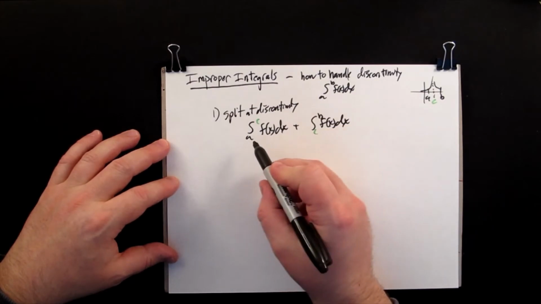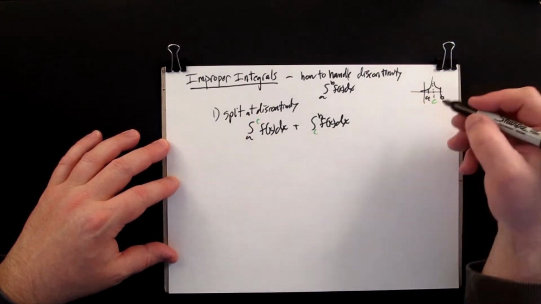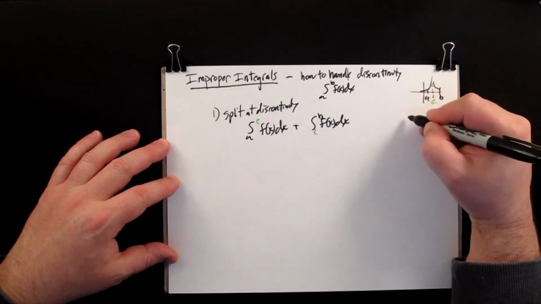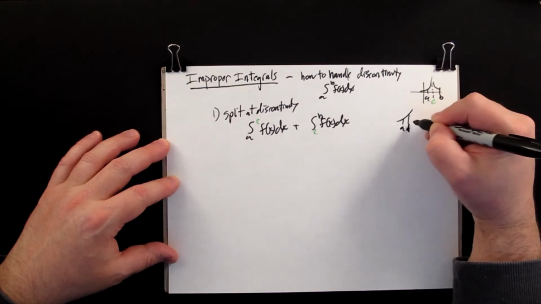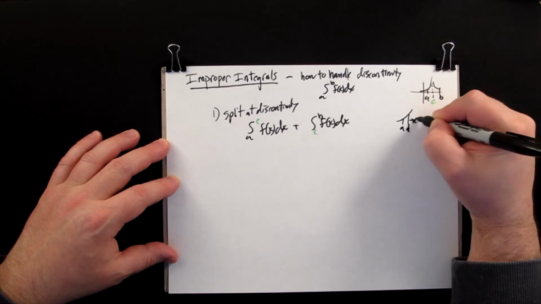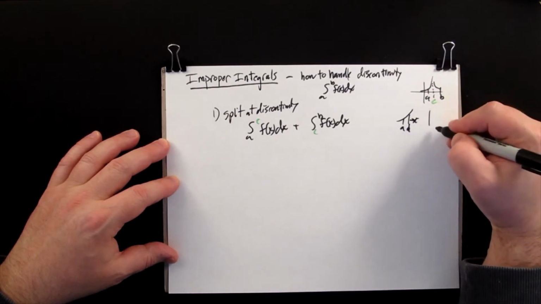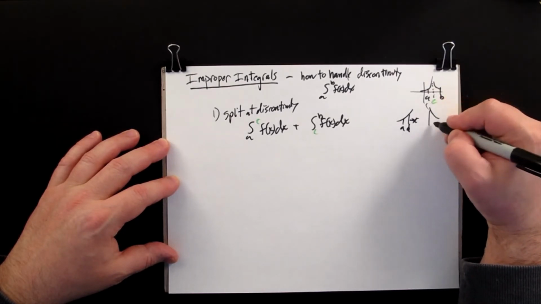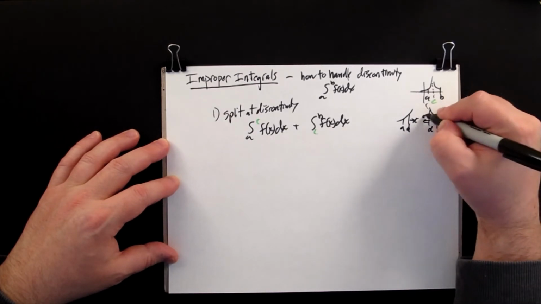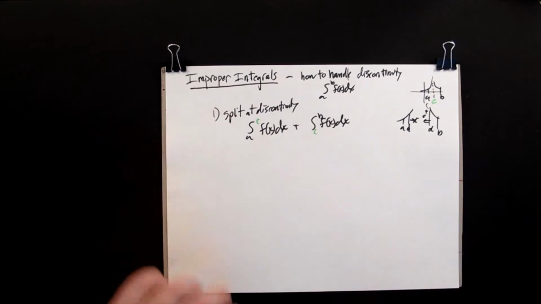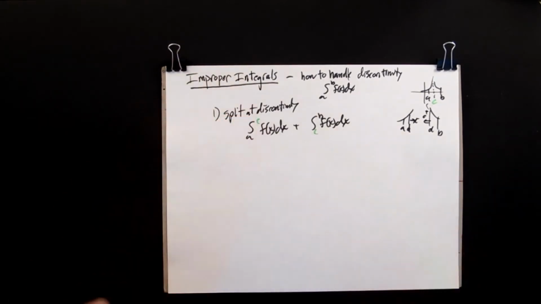Then each of these you're going to handle by asking what happens as you drive this bound from the minus direction and then from the plus direction. So you're going to replace each of these with their own limits.